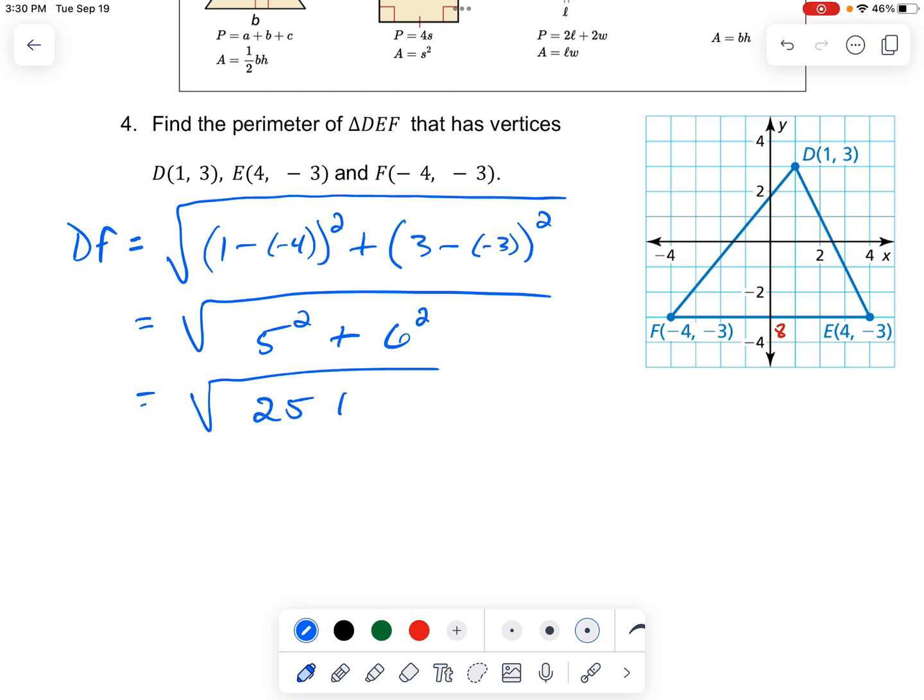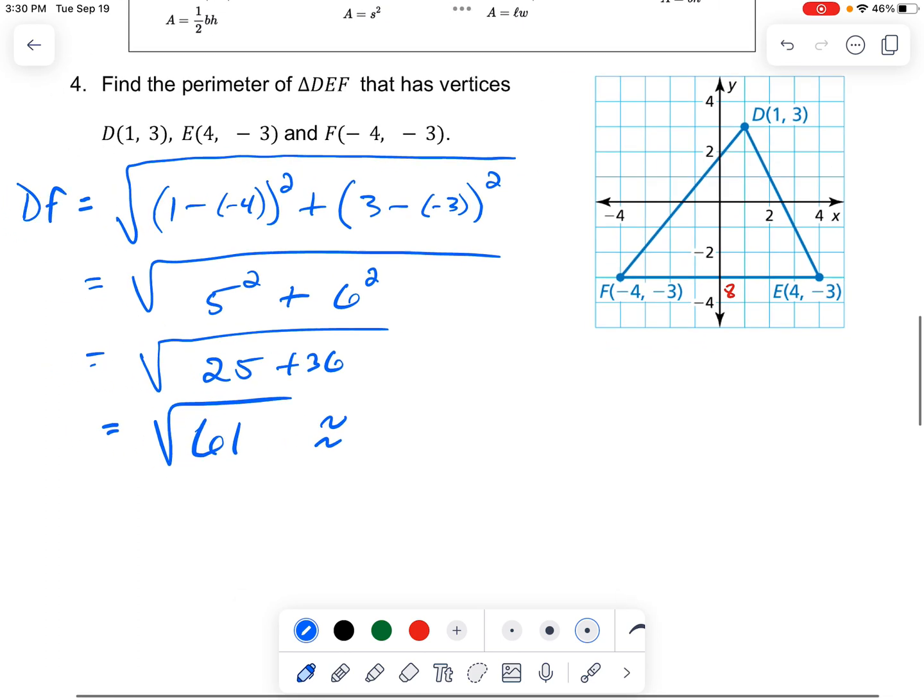This is 25 plus 36, which is 61. And the square root of 61, since we're going to need to add these numbers together, we're going to want to put this into a calculator and get a number out. So I will calculate that in just 1 second.